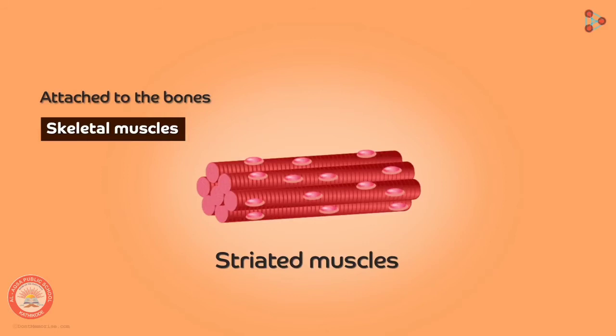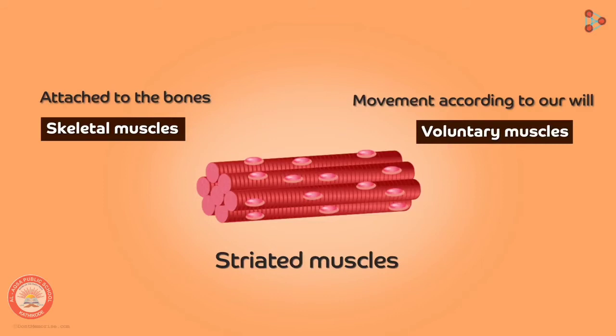These muscles help in the movement of our hands and legs, that is, the movements that are according to our will or under our control. Such movements are called voluntary movements, and thus they are called as voluntary muscles.